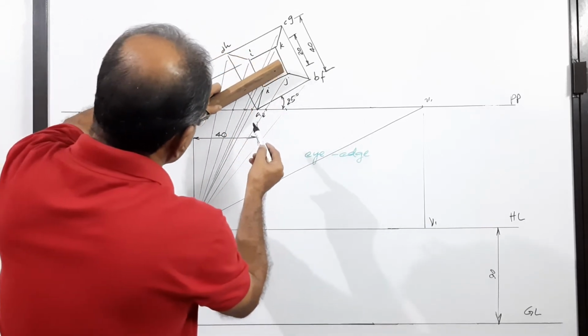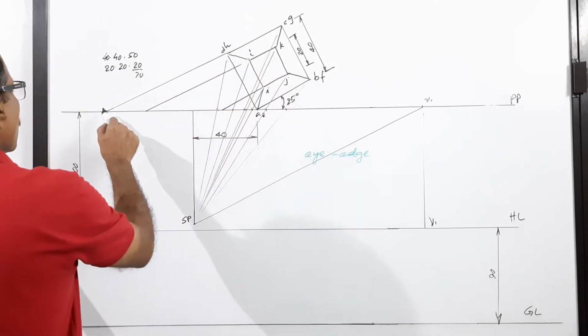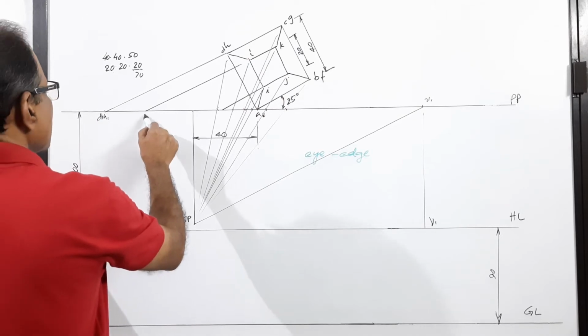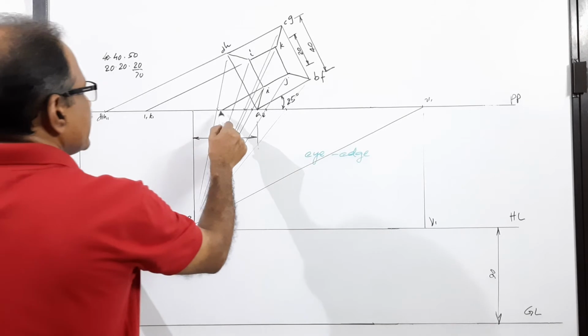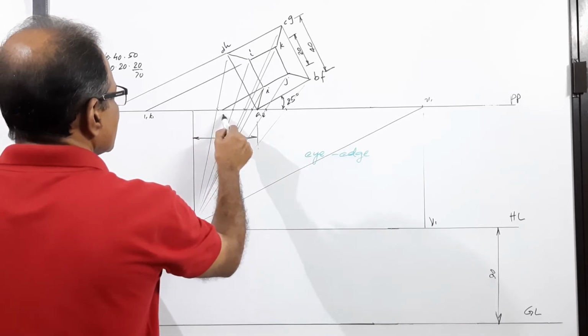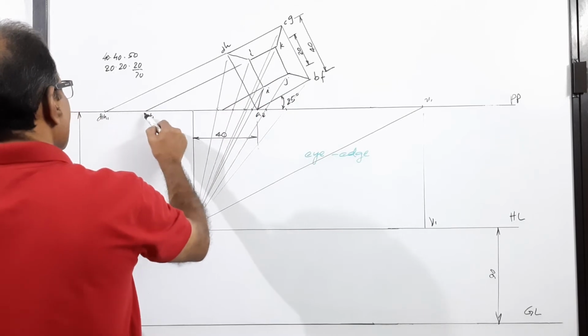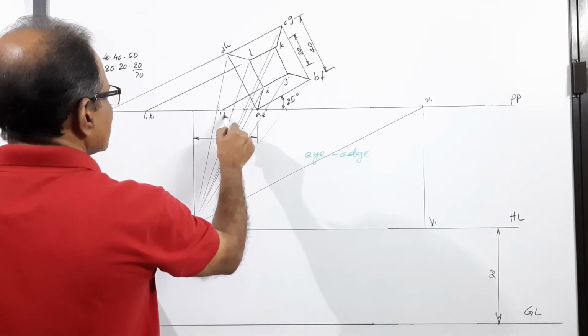I also extend this side to cut picture plane. I call this D1 H1. I call this I1, K1. I call this L1 K1. I call this I1 J1.